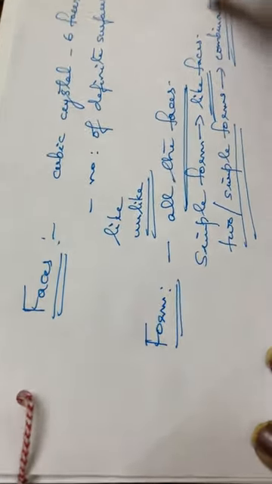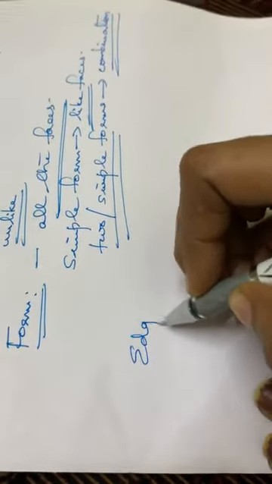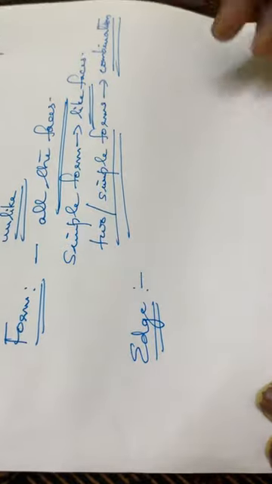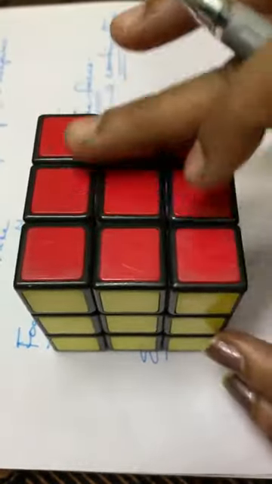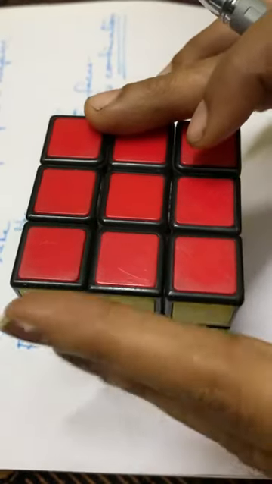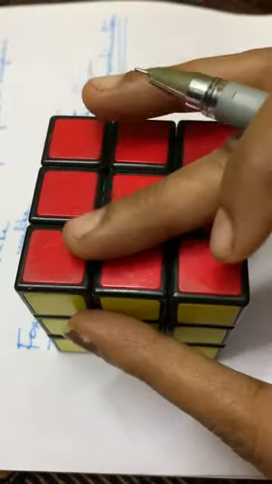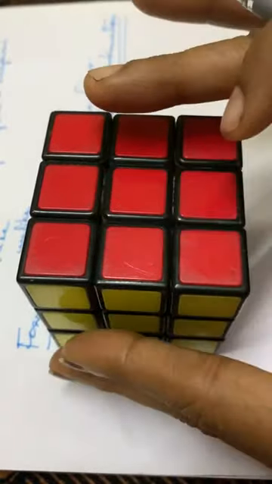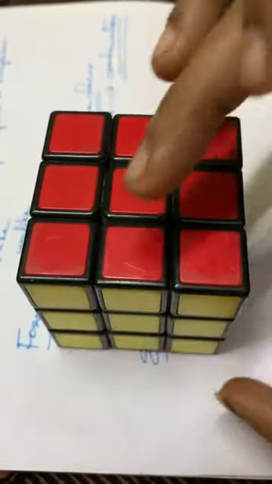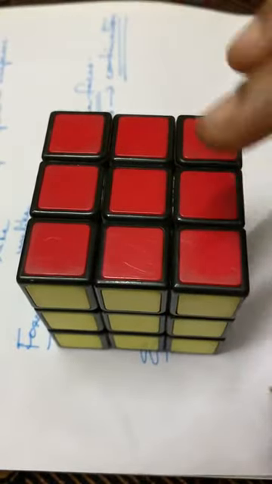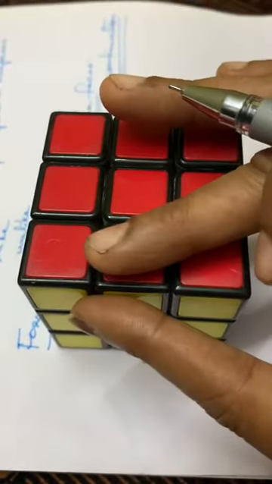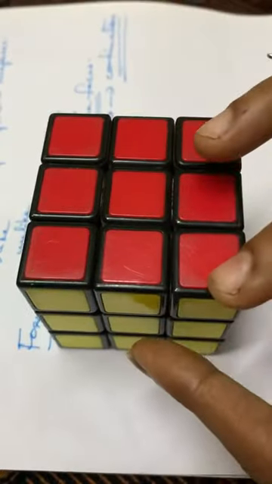Then the next important one you have to go through is the edge of a crystal. Edge means, see here, this is one face and this is another face, the red face as well as the yellow face. By the intersection of these two faces, an edge will be formed.